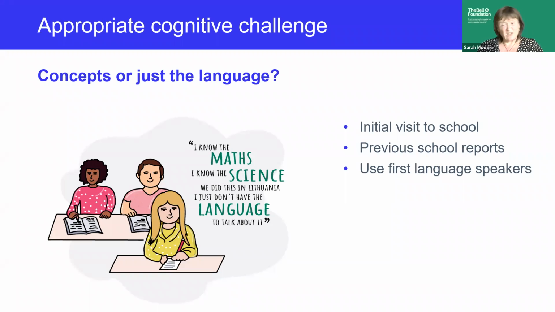If first language speakers aren't available, which is sometimes the case, then making use of technology to support translating short statements, and then maybe asking students to do a simple RAG rating activity to say how confident they feel about different subjects might give you an idea about prior learning. And the findings from these kinds of things you can then use to inform the content in any intervention sessions that you're running or homework.